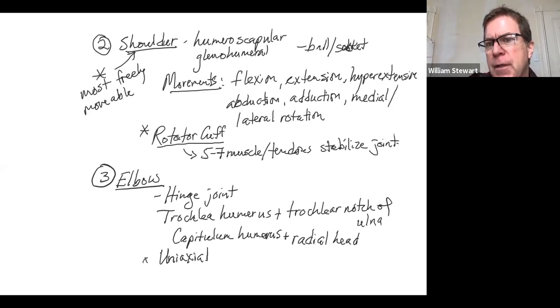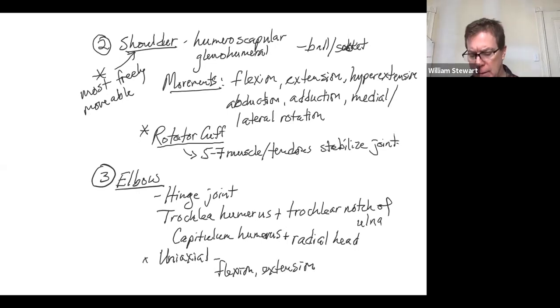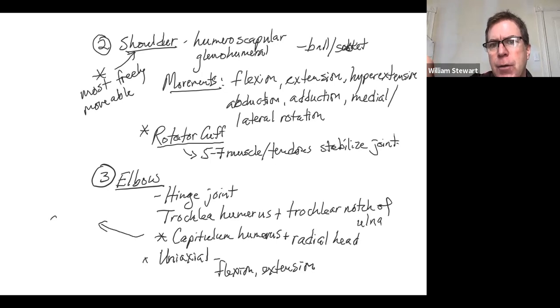And the main movements are flexion and extension. Right, that's the elbow joint. Dislocation of the radial head is the most common. When we hear about people dislocating their elbow joint, that typically occurs between the radial head and the capitulum. So this part of the joint is what dislocates most often.